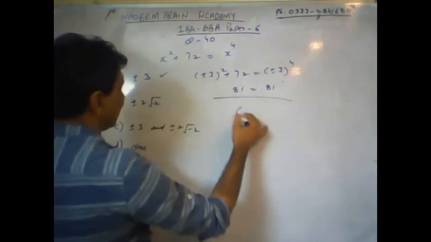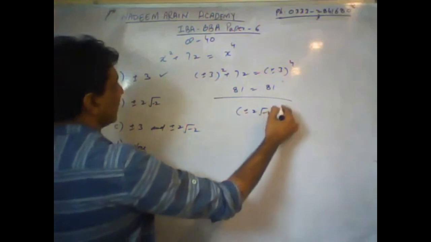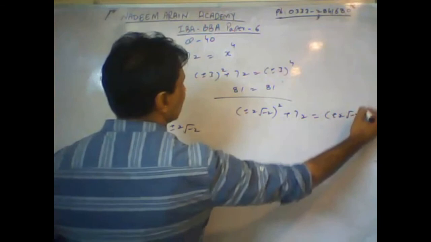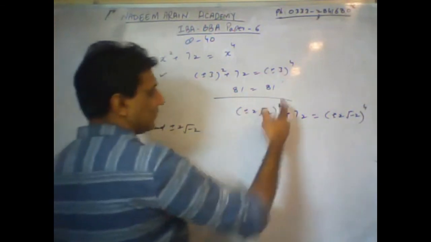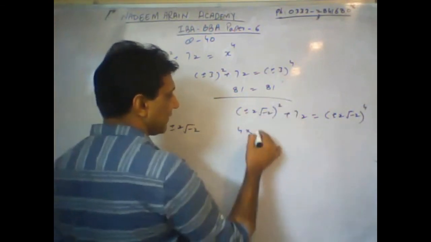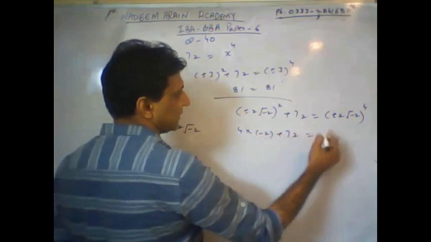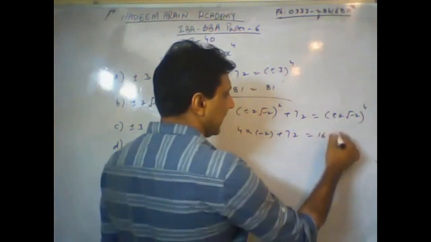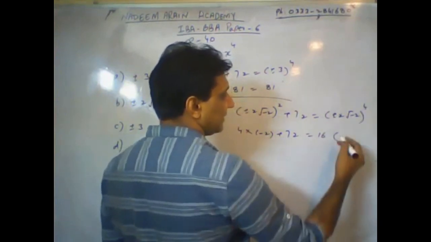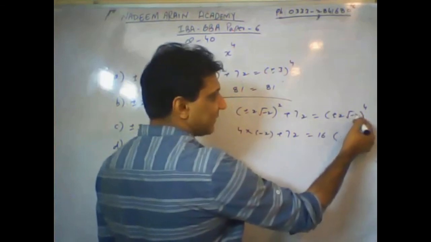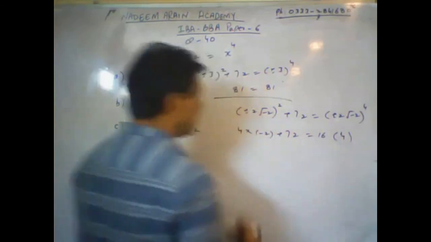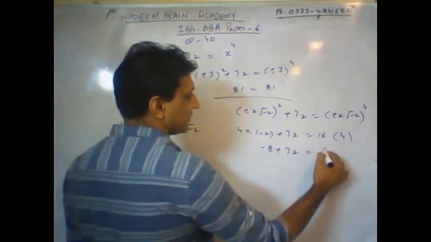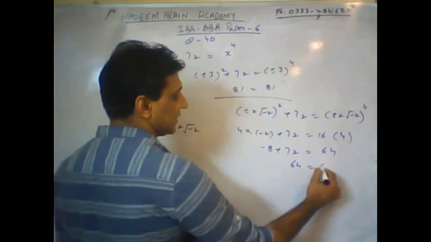(Plus minus 2 root minus 2) squared plus 72 is equal to (plus minus 2 root minus 2) to the power 4. 2 squared is 4, times root minus 2 squared, which is minus 2, plus 72 is equal to 2 to the power 4, which is 16, and root minus 2 to the power 4 is (minus 2) squared, which is 4. So minus 8 plus 72 is equal to 16 times 4, that's 64. So 64 is equal to 64.